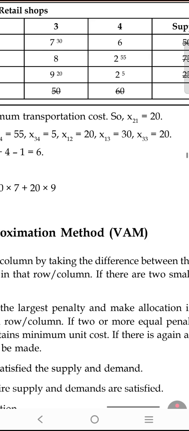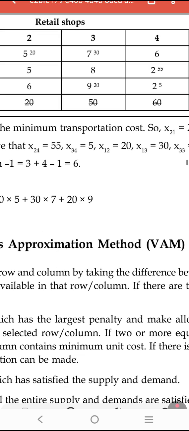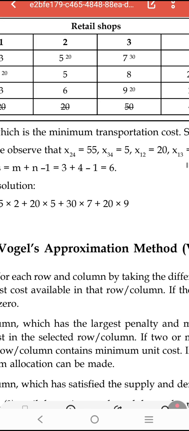We cross out this column and move to the next minimum cost, which is 7.